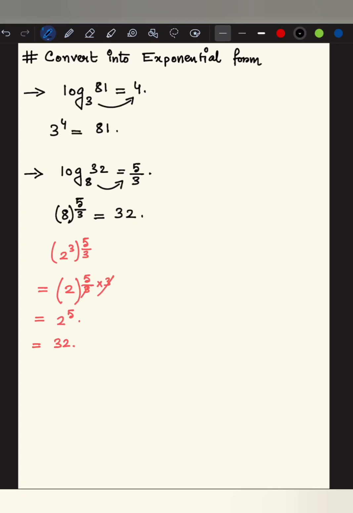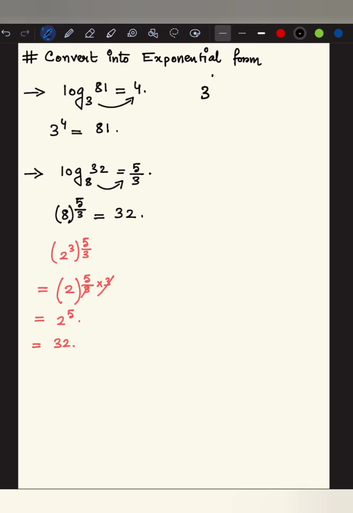Okay, so here we are given log 81 base 3 is equals to 4. So we have to convert this into exponential form. First of all, the base of the logarithm and the base of the exponent will be equal. So we will first write the base as 3, because here the base of the logarithm is given as 3. Then this 3 to the power 4 will come.